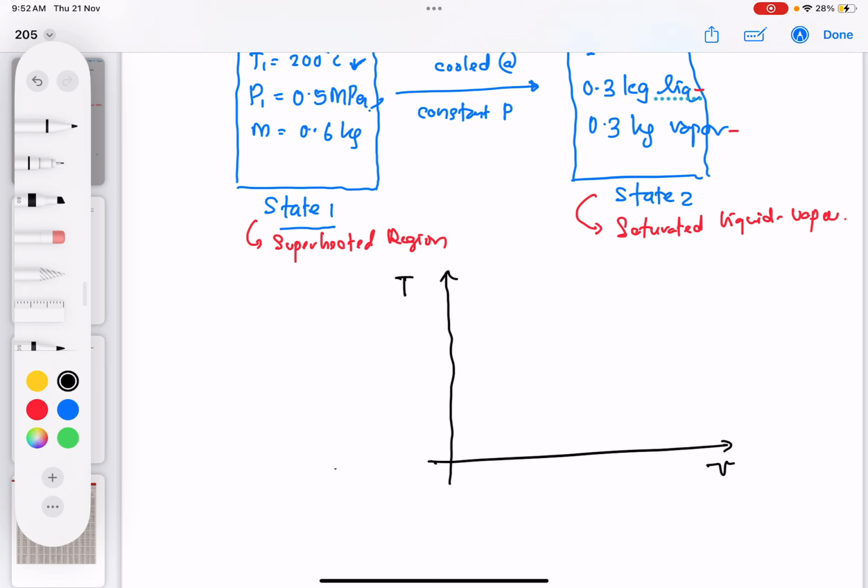Usually whenever I draw a T-v diagram, I will draw a saturation line, and the first state here was in the superheated region. So most probably my point 1 is going to be somewhere around here in the superheated region, and my state 2 is going to be in the saturated liquid-vapor region. So this is how my diagram looks.